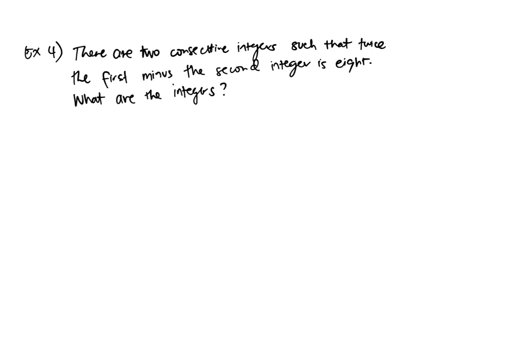First thing I want to do again is define my variables. I know it's talking about 2 consecutive integers, so the first one will be x. My second integer will be x plus 1.